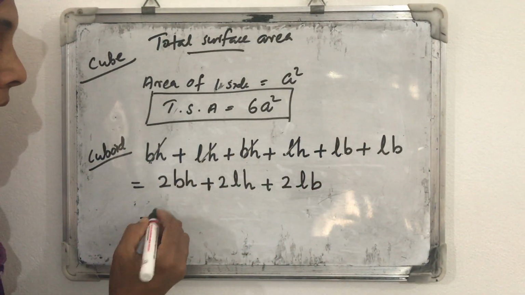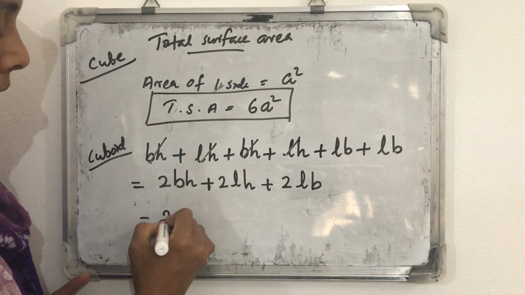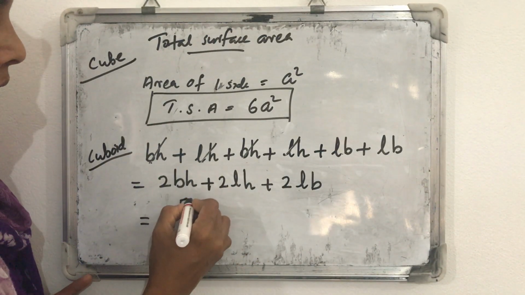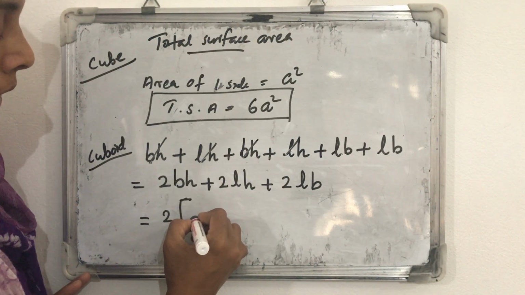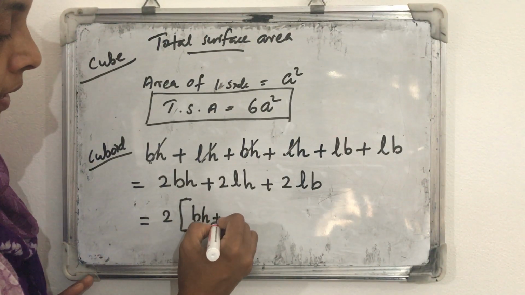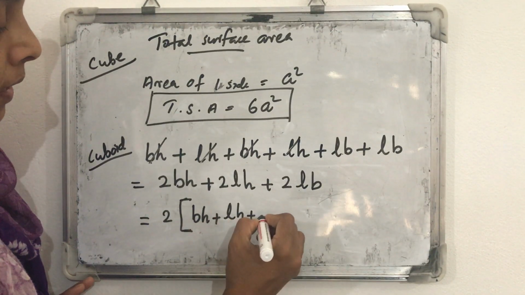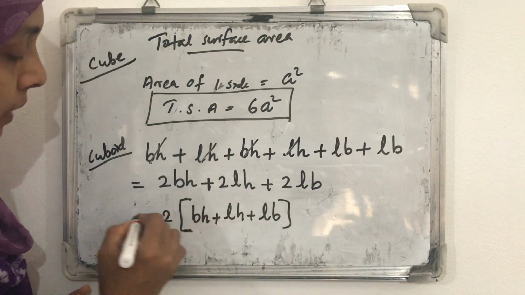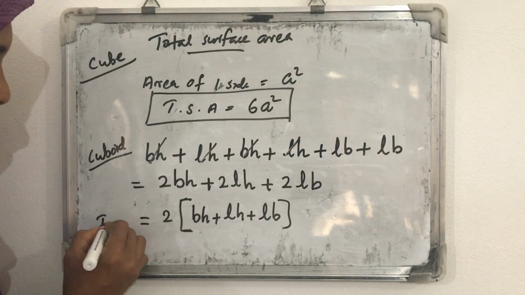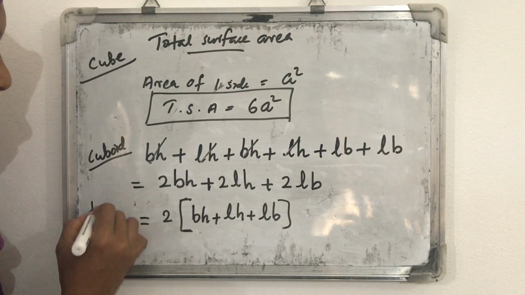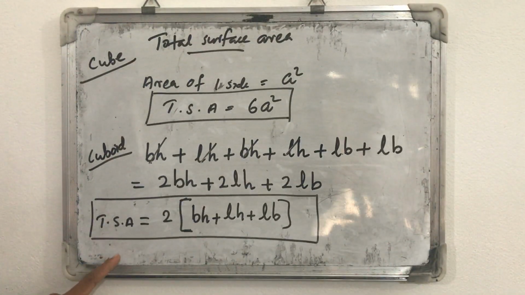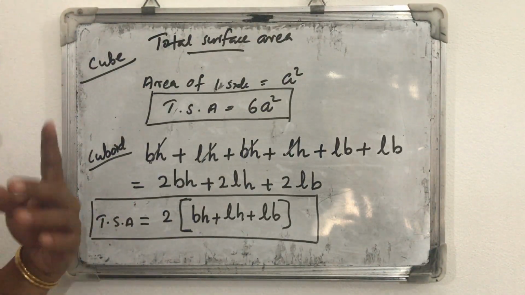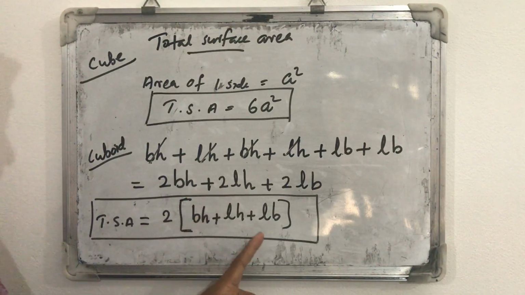In all these terms 2 is common, that we can take outside. So the total surface area of a cuboid will be 2 into (BH plus LH plus LB). This is the total surface area of a cuboid: 2 into (LH plus BH plus LB).